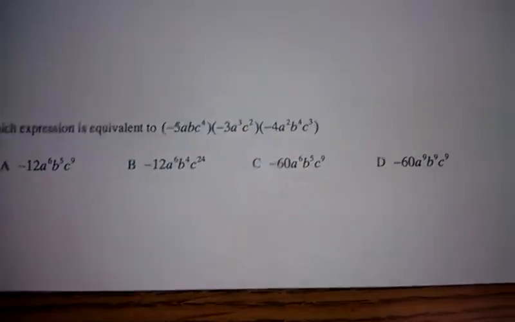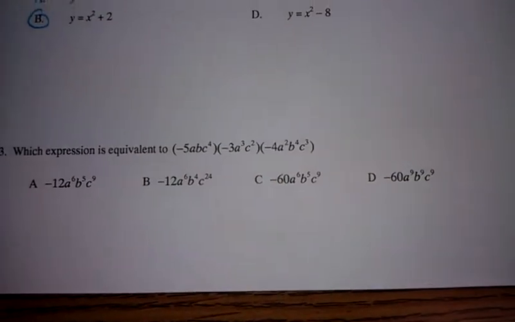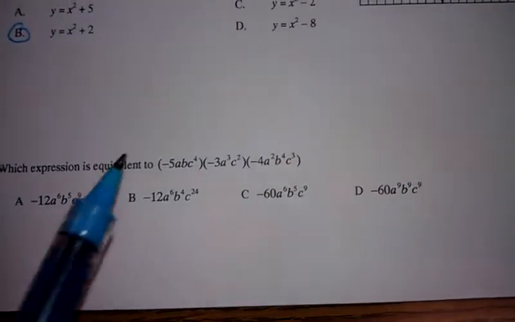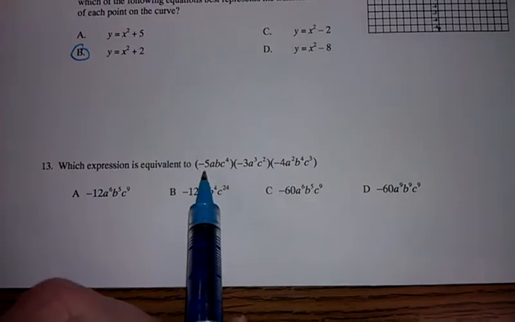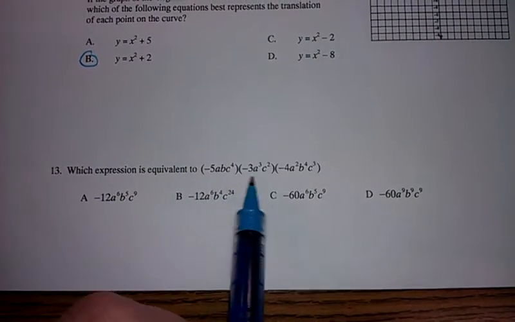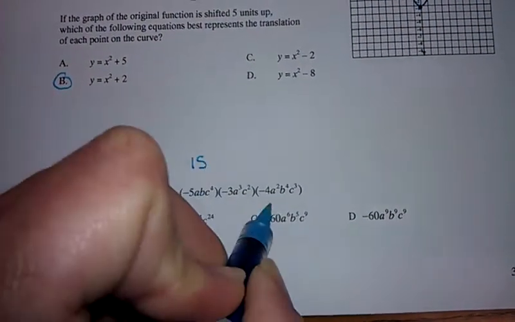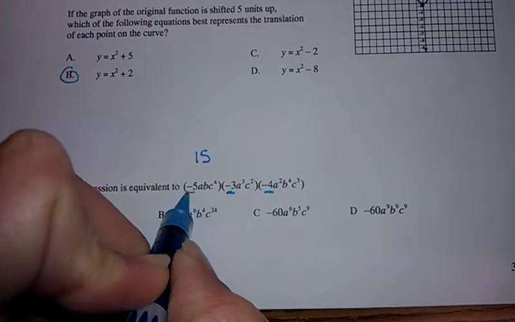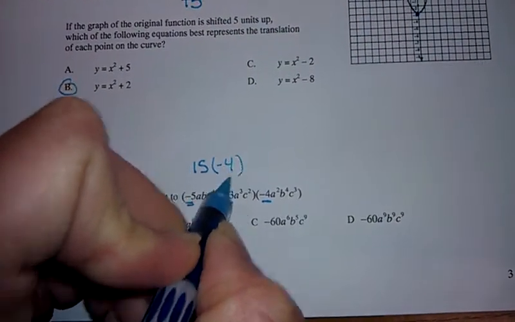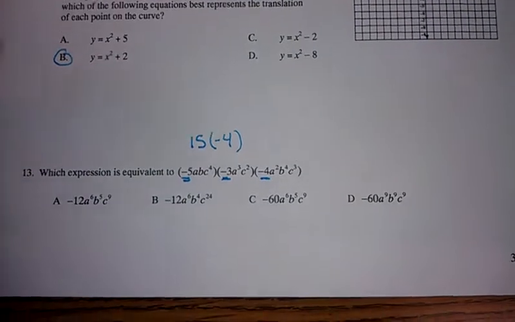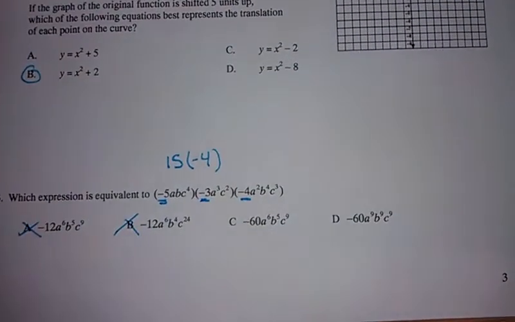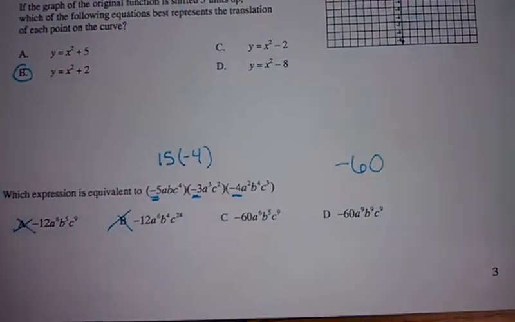The next one, which expression is equivalent to, and it's multiplying all these? Well, if I take negative 3 and negative 5, that's a positive 15. I'm just going to take all these first. Times negative 4. That would be negative 60. I could get rid of these. So I have negative 60.